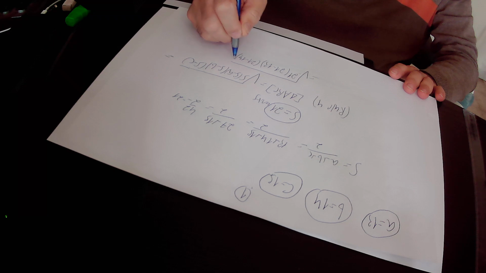And finally, S minus C is 21 minus 15. All under the root. Okay.